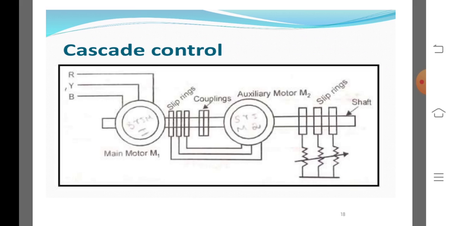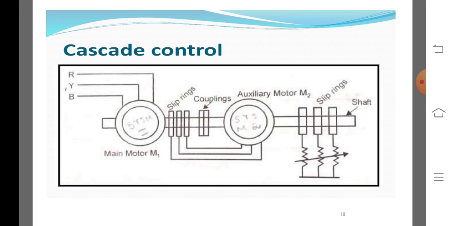The motors may be so connected that both tend to run in the same direction, or the phase rotation of one motor may be reversed, thus making it rotate in the reverse direction. The first case is called cumulative cascade, and the second case is called differential cascade.